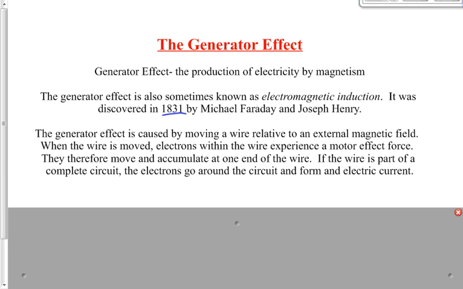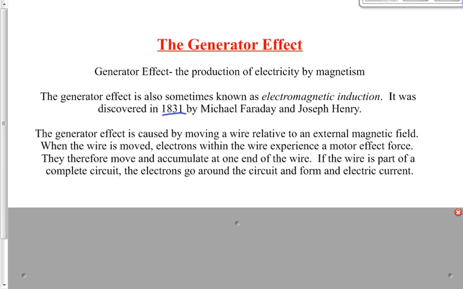Why does that happen? Well, I'll give you a little bit more detail on that in just a moment, but for now I'll refer you to the paragraph there. Basically it says, look, it happens because when we move a wire through a magnetic field, we end up, believe it or not, generating a magnetic force on electrons in the wire.